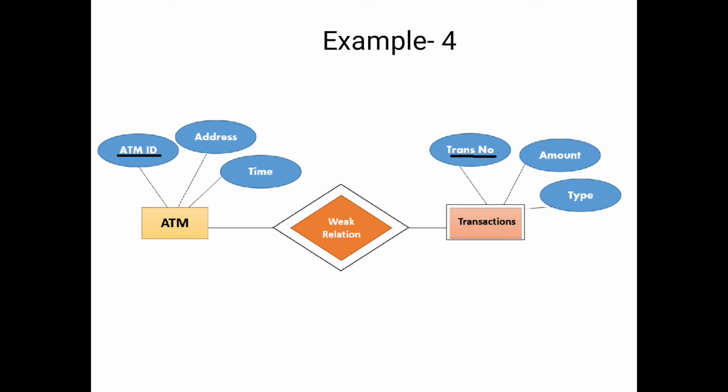Here the key attribute of ATM is ATM ID and the key attribute of transactions is transaction number. So rectangle represents the entity, rhombus represents the relationship, double rhombus represents the weak relationship, circle represents the attribute, and circle with underline represents the key attribute.